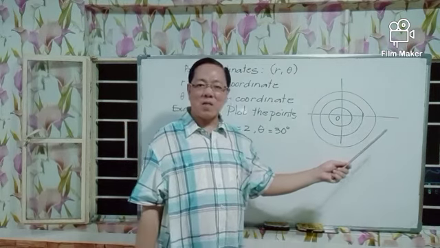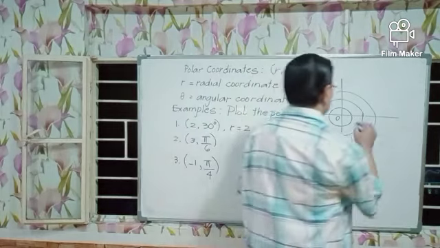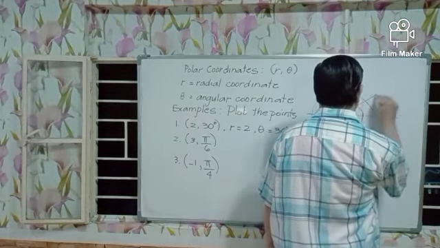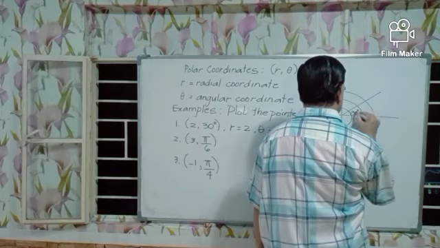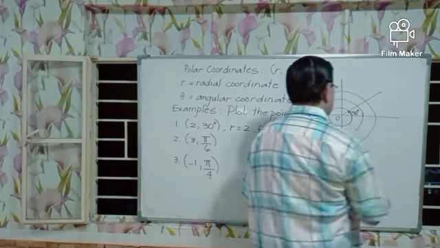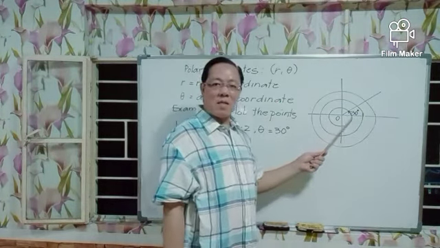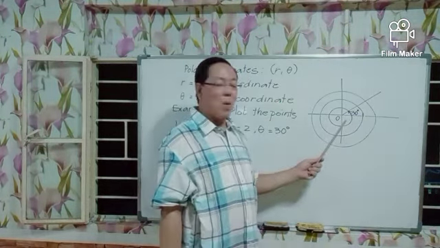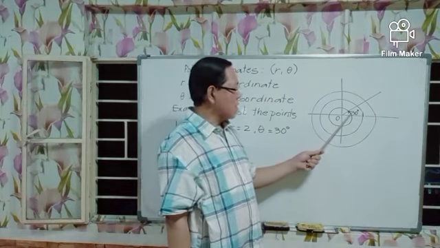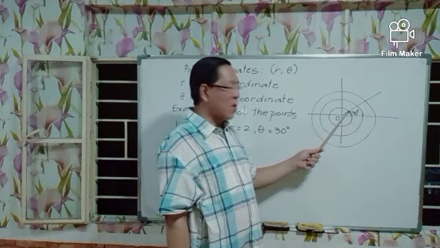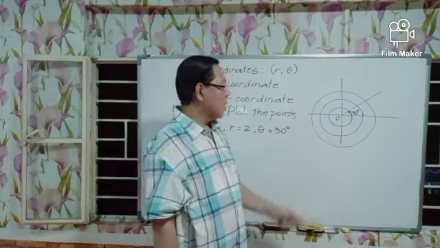And I will now approximate 30 degrees from the positive x-axis. From the positive x-axis or the ray to the right of the pole, we measure 30 degrees counterclockwise. So this angle from this point up to this point on this terminal side of 30 degrees is 30 degrees.